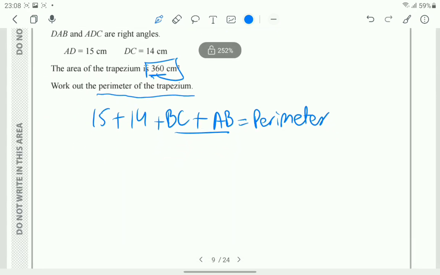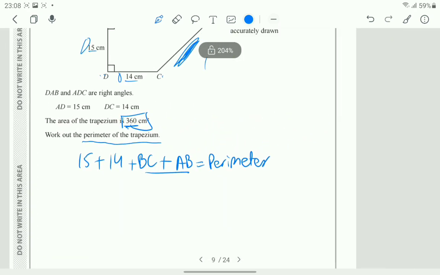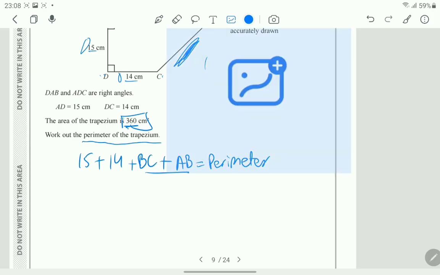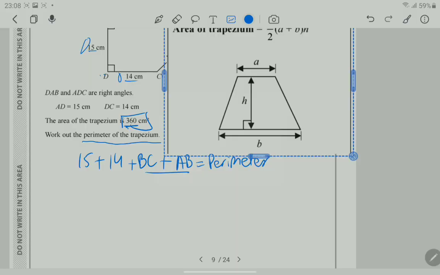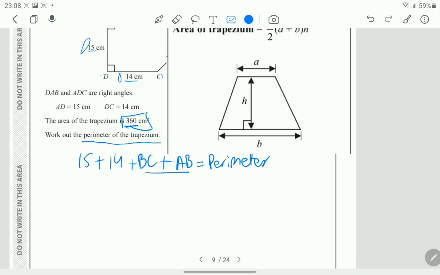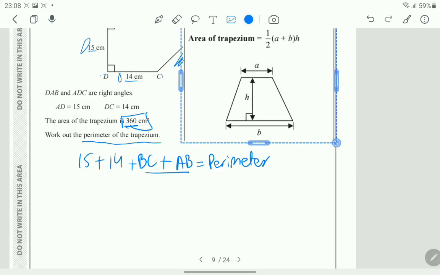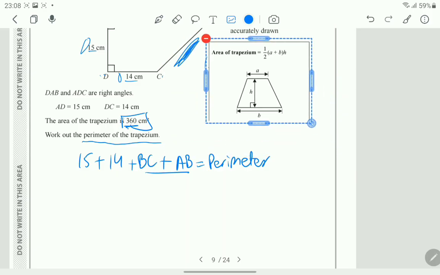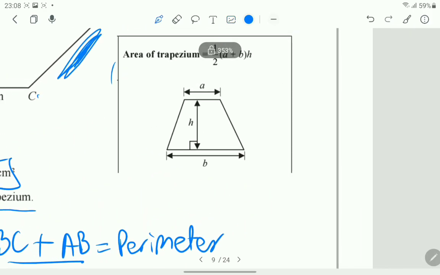So the area of the trapezium is given, but we don't know what that is. Well, the formula sheet in your exam actually tells you what the formula for a trapezium is. Let me pull that up. As you can see, the formula for the area of the trapezium is half, a and b are the parallel sides of this trapezium, multiplied with height.